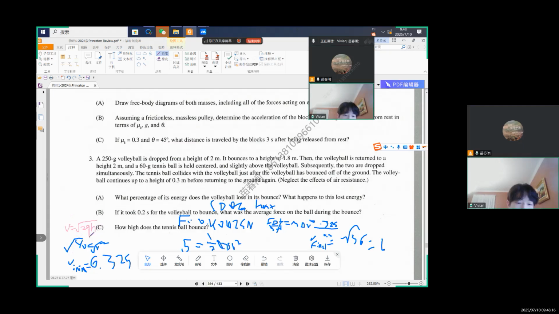Wait, that's square root of 2g, g 10 times h.